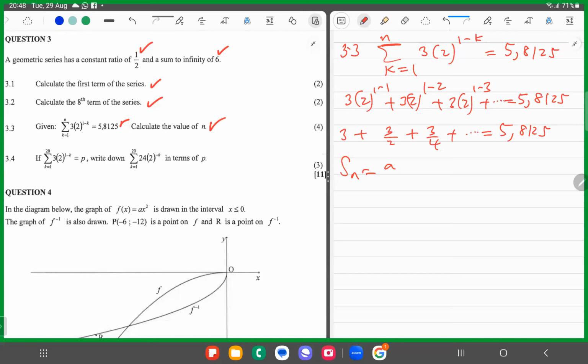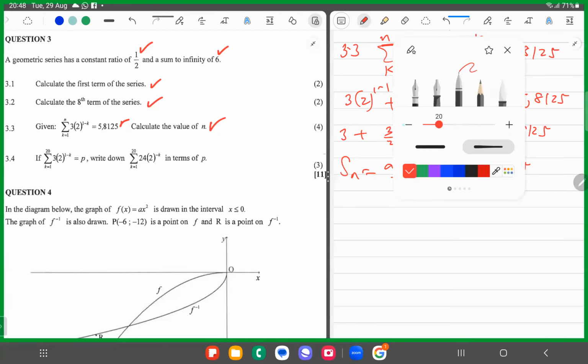The geometric series formula says that here you have 1 minus r to the n and you divide it by 1 minus r, and this is exactly the same as 5.8125. Right, so this we substitute everything. What is the first term?